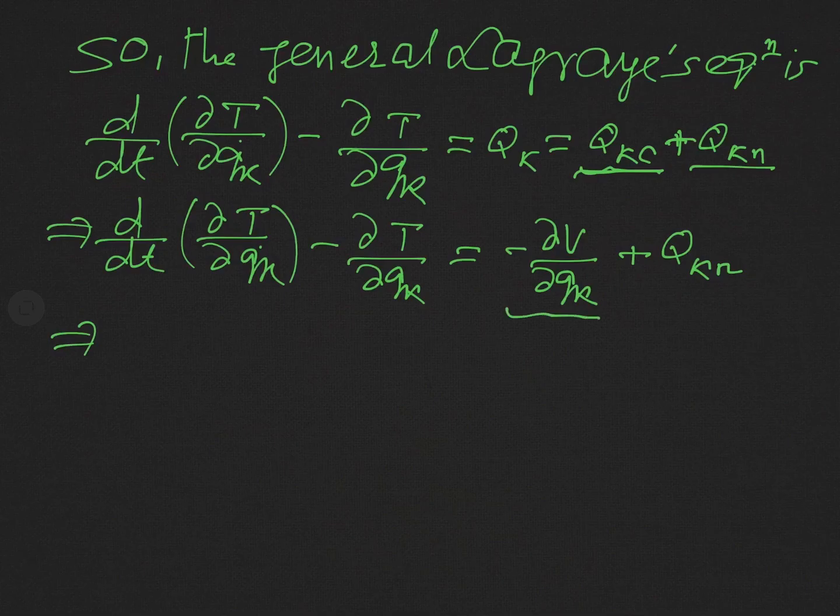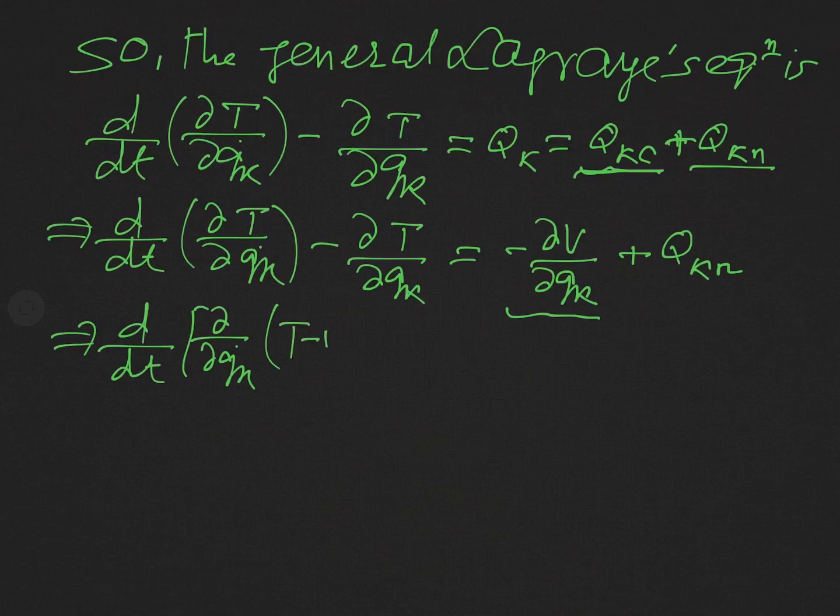So again, if we take this term to the LHS and use a simple technique in the first term, that I write it d/dt del qk dot (T minus V).